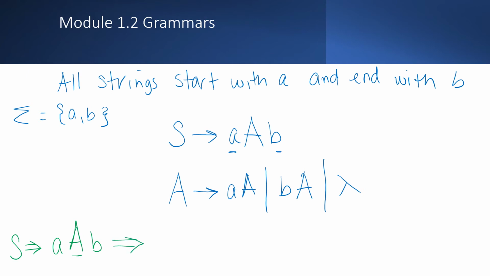But let's do some other productions here. We can go A, and then we would put in the A, and then we can try AA, and we could put a B in there.